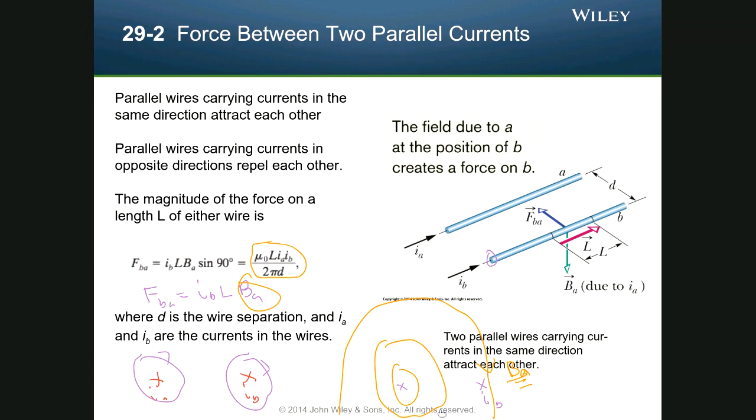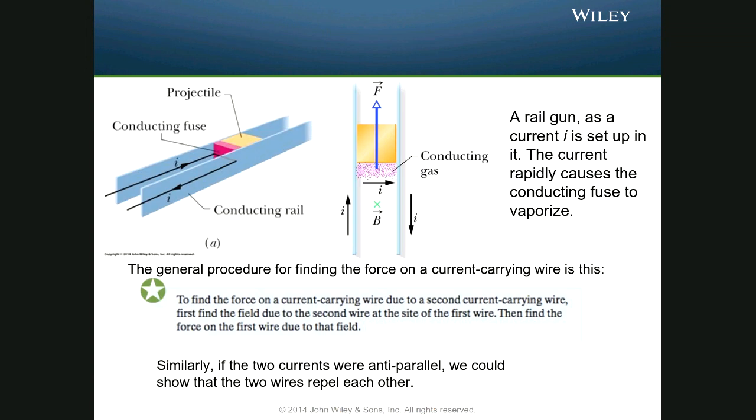So one application of this is a high-powered railgun, which we can see here. In this case, you have a conducting fuse that can become a conducting gas and a projectile, and you have a current going up and then down. So in this case, they'll want to repel and push it.